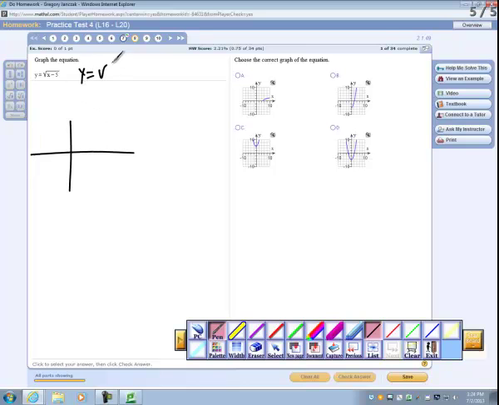Y equals the square root of x. It starts off at the origin and goes up and to the right. But here, with x minus 5, this is going to make the graph move to the right 5 units.